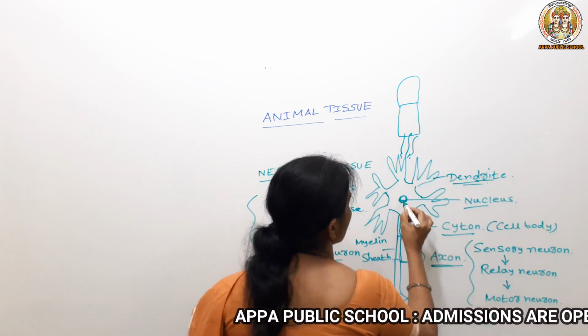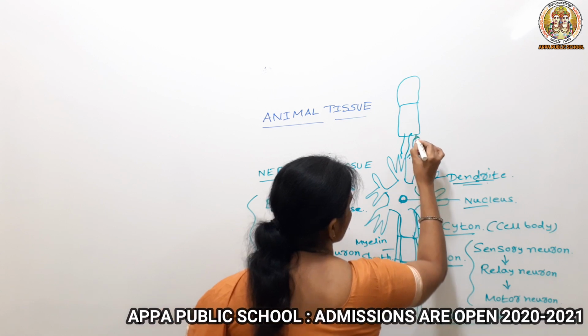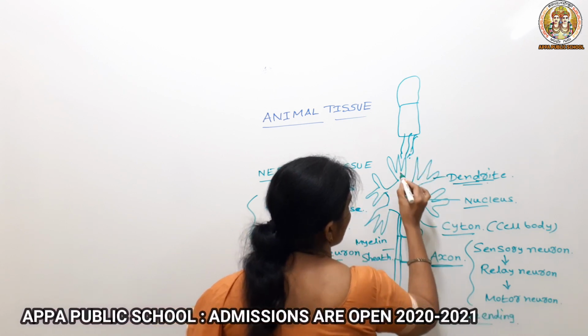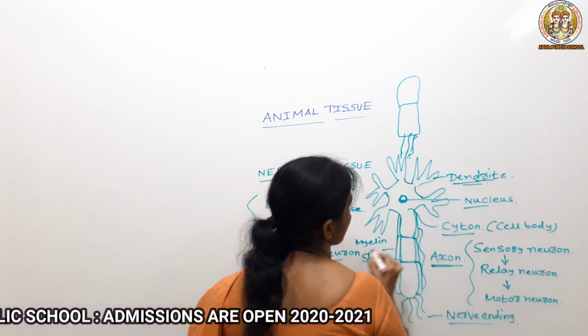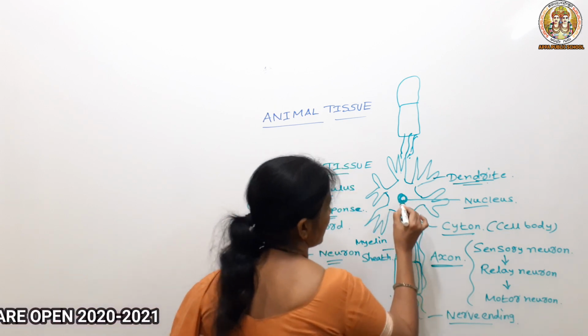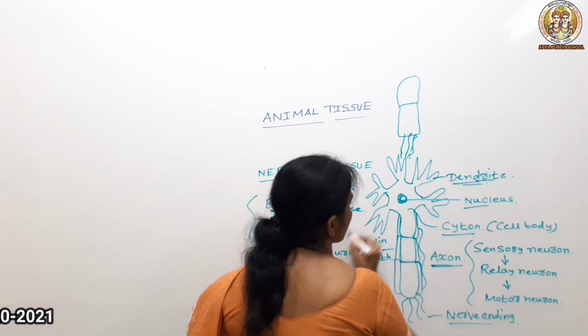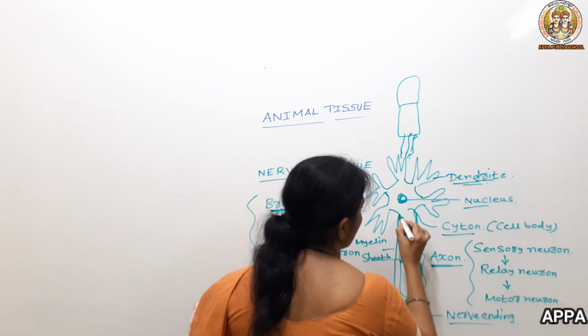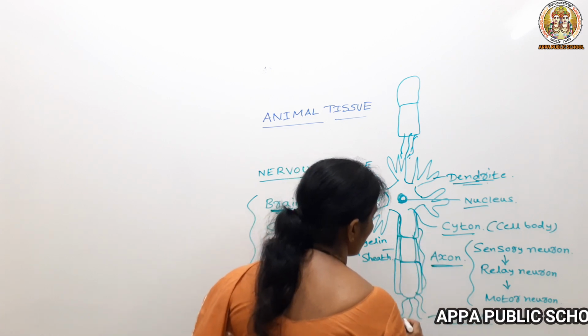The axon brings the message. The dendroid will take the message, and the nucleus will take it and give the immediate response, and through the axon it will move to the next.